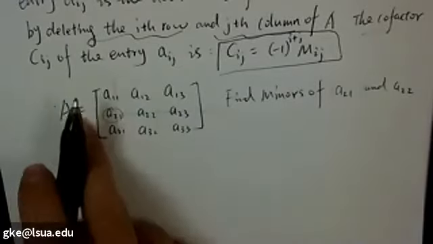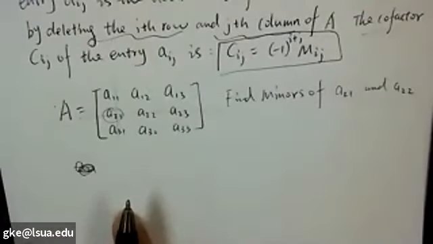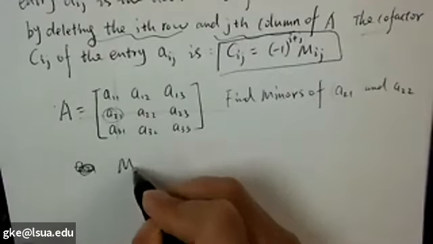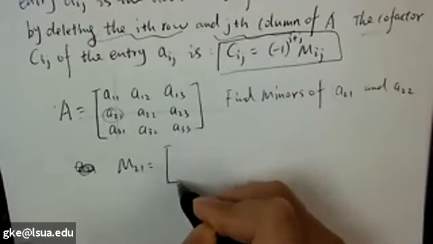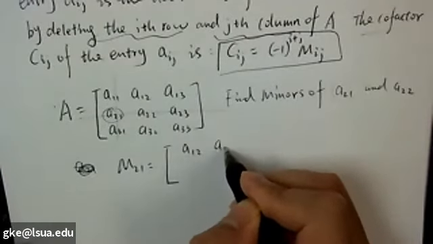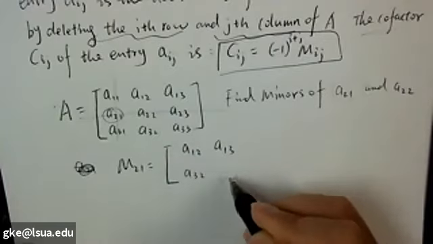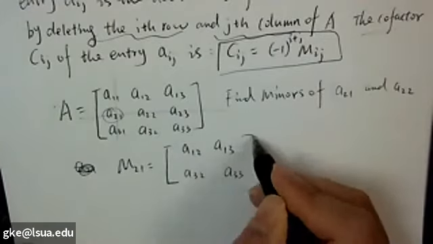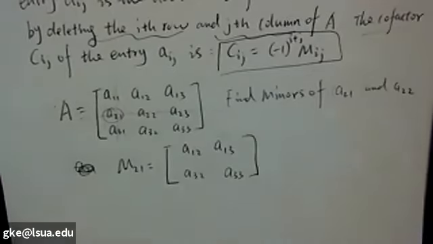Okay, the second row, the first column, and then what's left would be A12, A13, A32, A33. Okay, that's it.